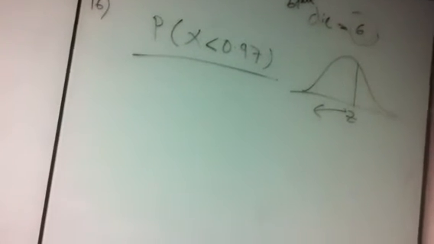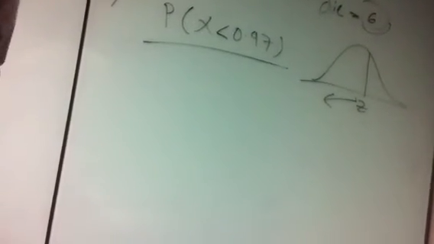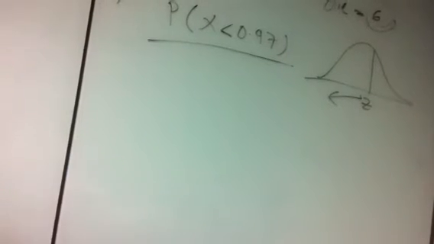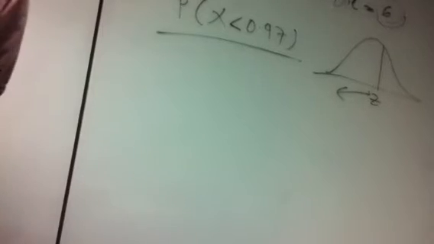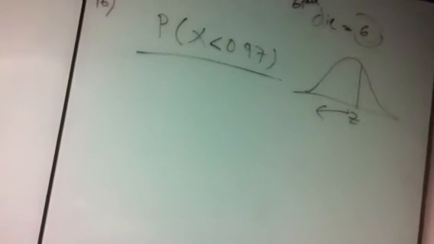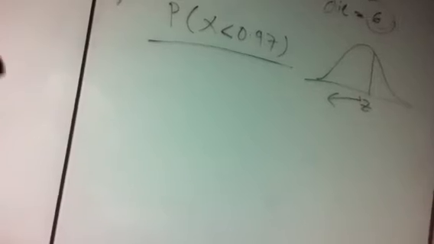It's there on the table. So I go to 0.97 and my answer is 0.8340.